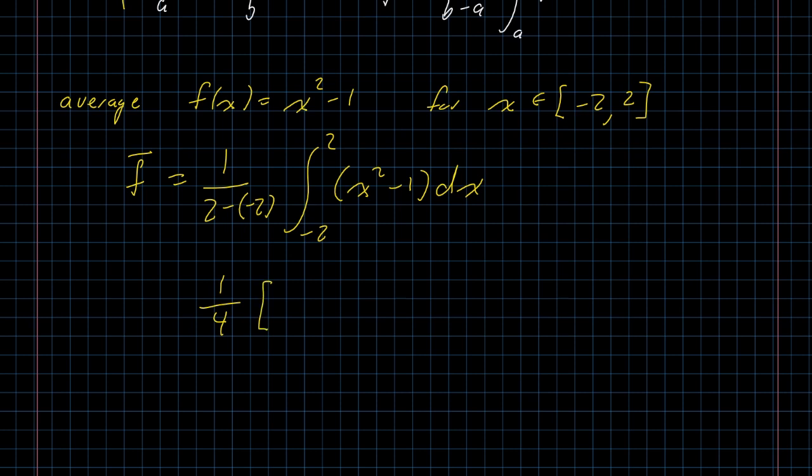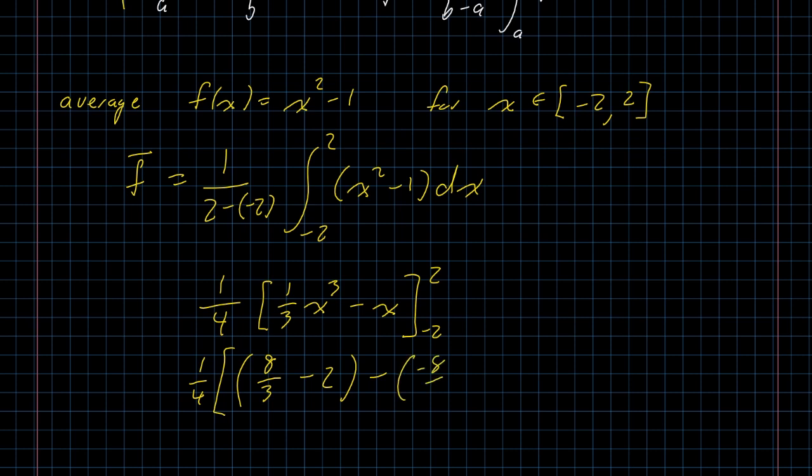The integral of x squared is 1/3 x cubed. The integral of 1 is x, and we'll evaluate that at our limits of integration. Plugging in +2. 2 cubed is 8, so we have 8/3 minus 2. Then subtracting, when we plug in -2, we're going to have -8/3 plus 2.